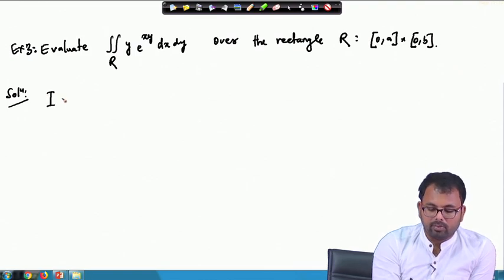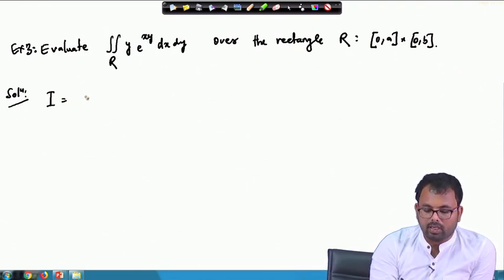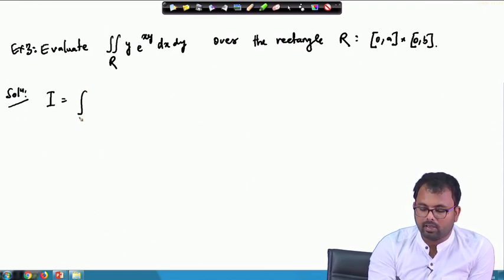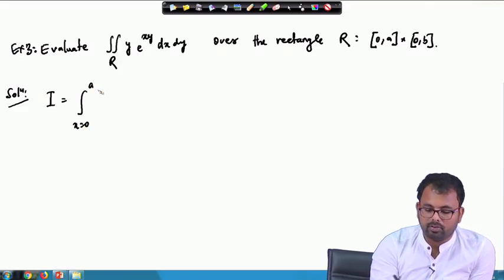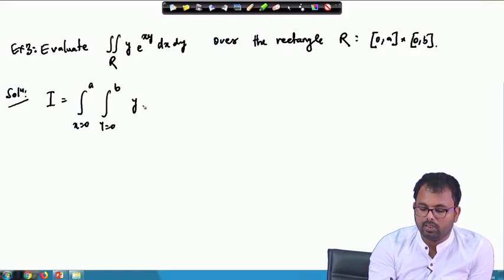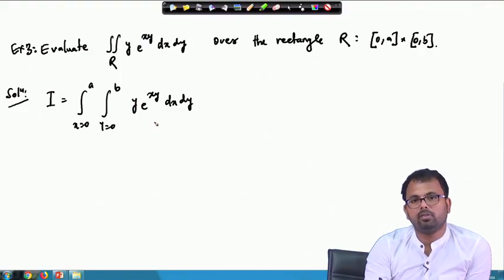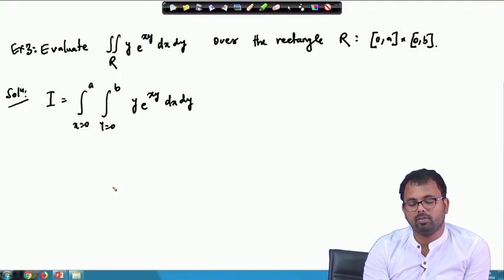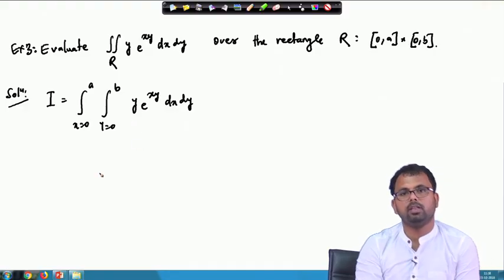So, now I am going to write I as integral over the rectangle R. So, our rectangle R is x running from 0 to a and then y running from 0 to b, y e to the power xy dx dy. This double integral also exists on this rectangle R. Just looking at this integrand, you can be able to tell.